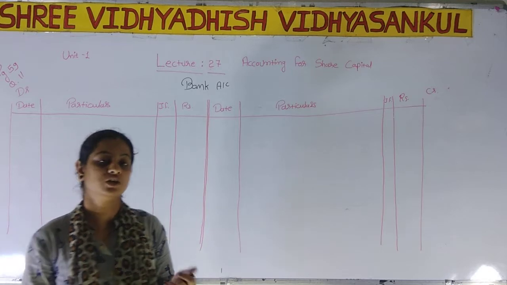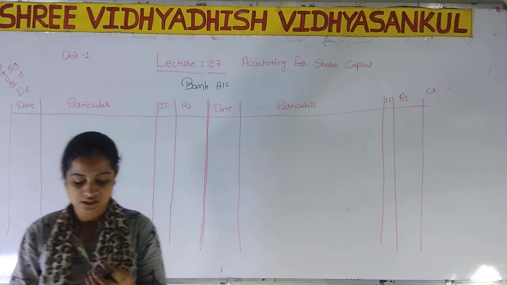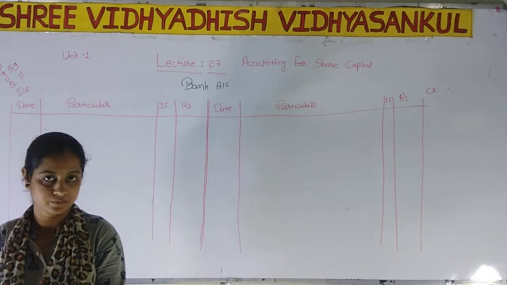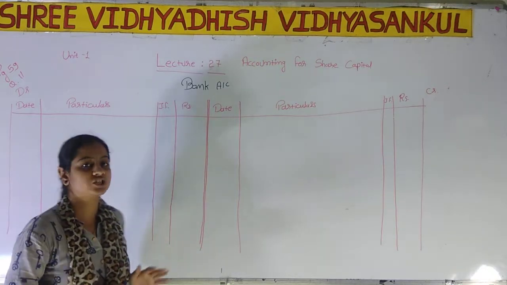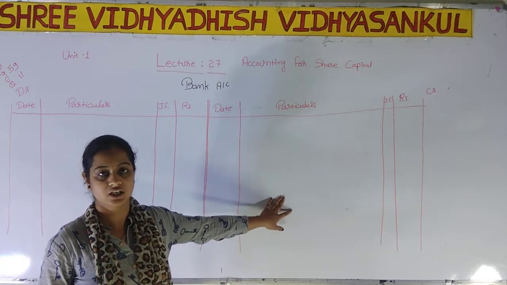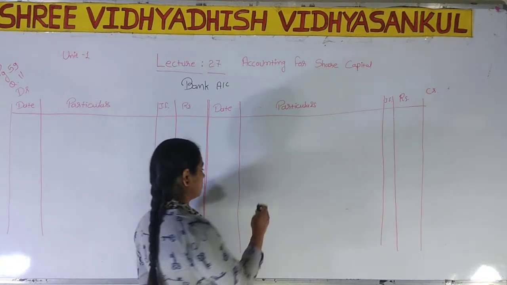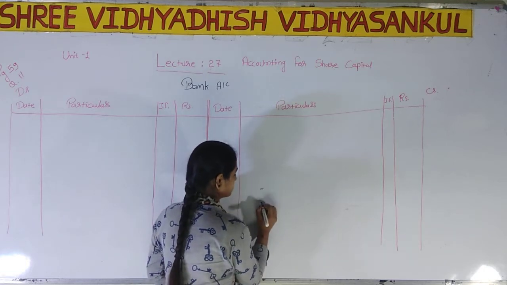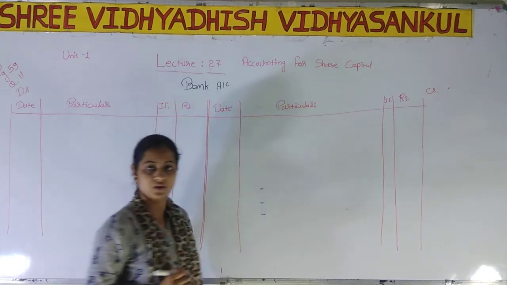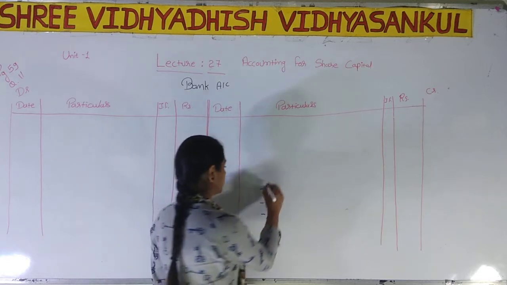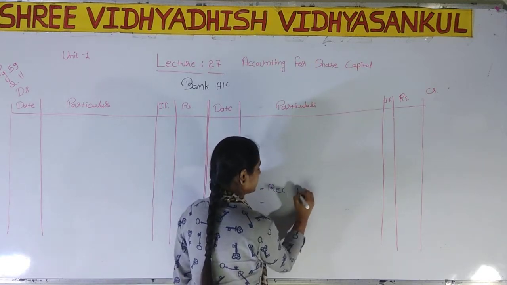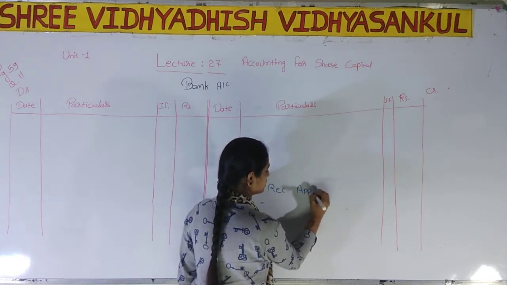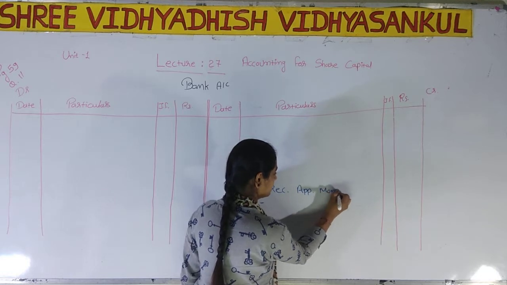So now we have to give the effect of this. See, right now I am writing the rough code. Means for which entry we have to give the effect here. We have to give effect for 3 entries, right? The first one will be for receiving application money, right?